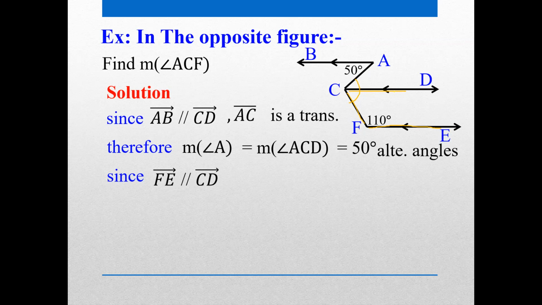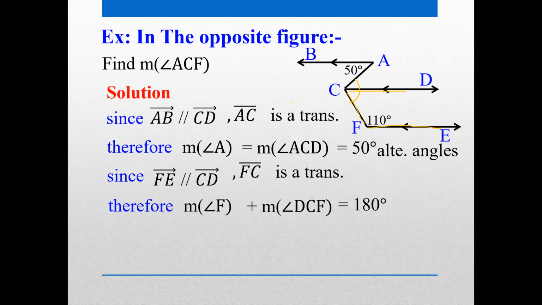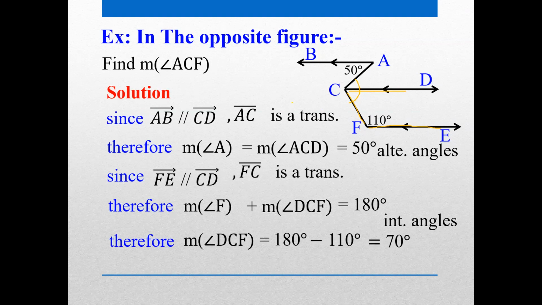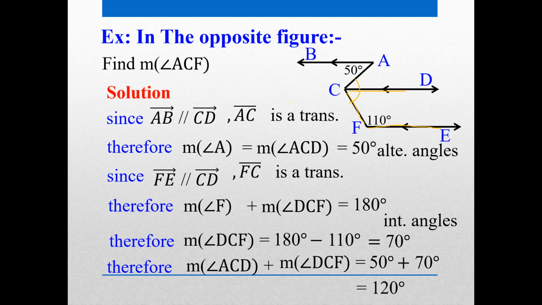Since CD is parallel to FE and CF is a transversal, therefore measure of angle F plus measure of angle DCF equals 180 degrees, interior angles. So angle DCF will equal 70 degrees. Therefore angle ACF will be the sum of the two angles, ACD plus DCF, equals 50 plus 70 equals 120 degrees.